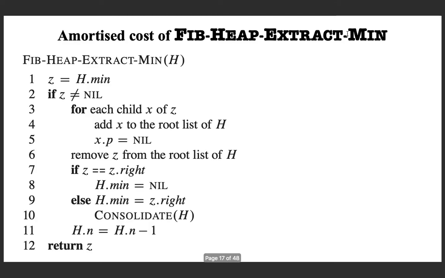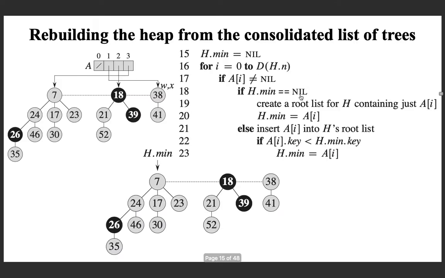cost of this operation. That is, in the average case, if you perform a sequence of operations on the Fibonacci heap, then what would be the average cost of the Fibonacci heap extract-min operation? And these are the first 12 steps in the algorithm. There are 23 steps.